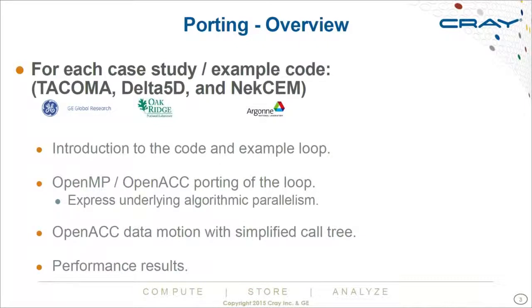And here I really want to stress that what this talk is going to be about is expressing the underlying algorithmic parallelism. So we've heard before how you can use OpenACC or OpenMP to slap some directives in front of loops and get some additional performance from it.